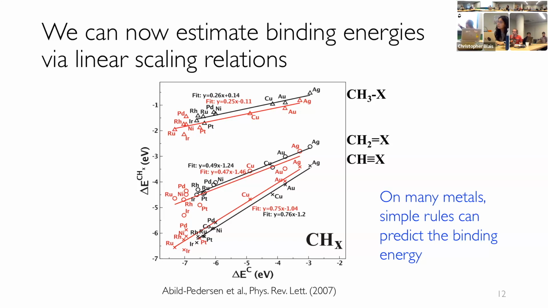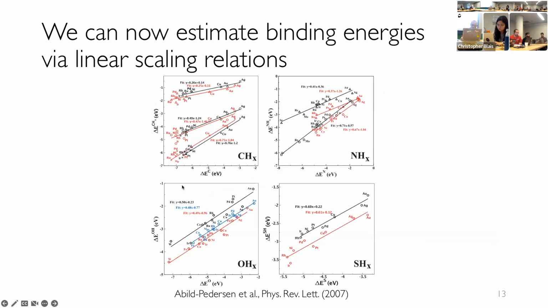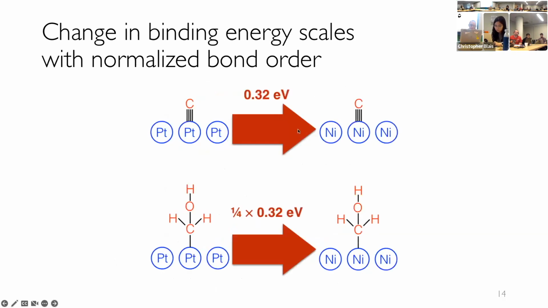If you have a carbon atom, your bond order is just how many bonds you have to the surface metal atom. You can construct these linear scaling relations for carbon, nitrogen, oxygen, sulfur, a whole slew of interesting heteroatoms. They allow you to change your enthalpy via your binding energy for different species that you have adsorbed on the surface.